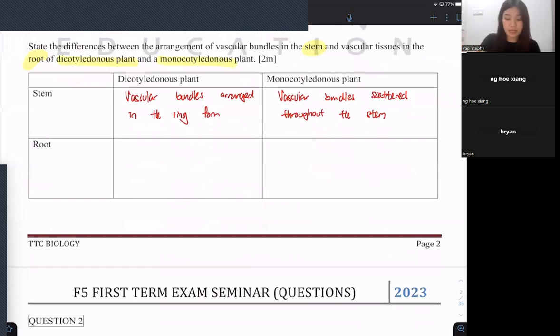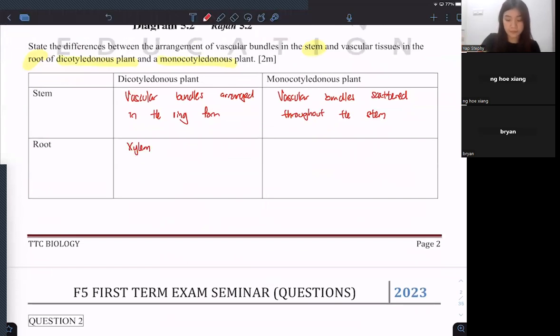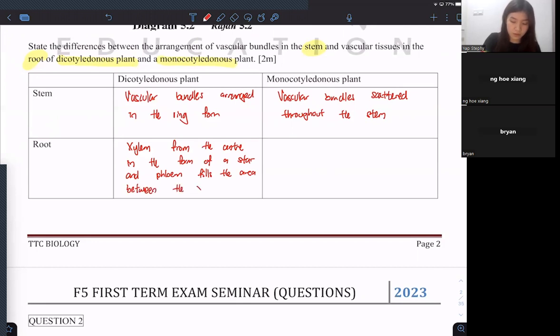Next, for the root. For this one, the xylem from the center in the form of a star, and phloem fills the area between the xylem tissue.